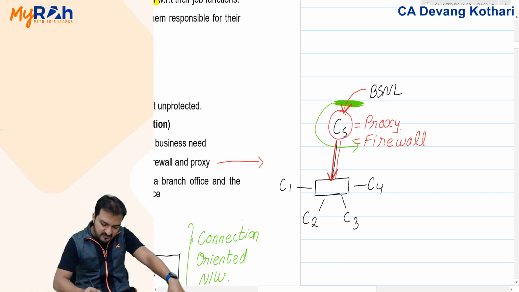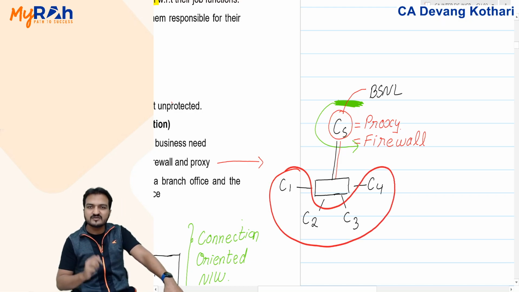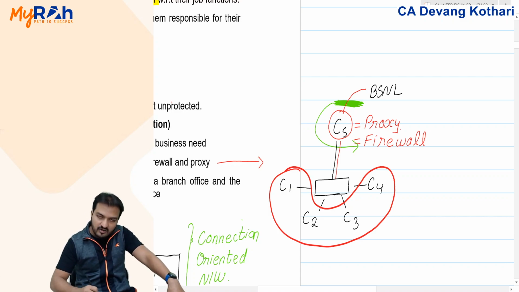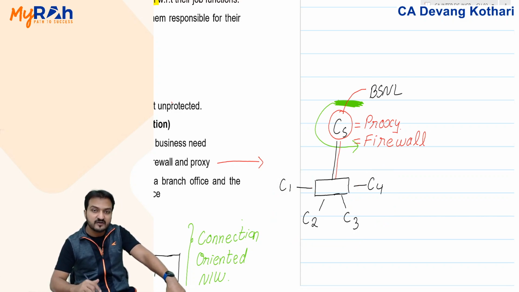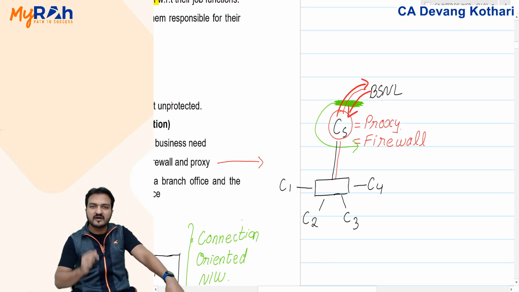Now, if the internet is given through C5, each of the other 4 computers, whoever wants internet access, will have to transmit their request to C5. C5 will forward it to the internet.